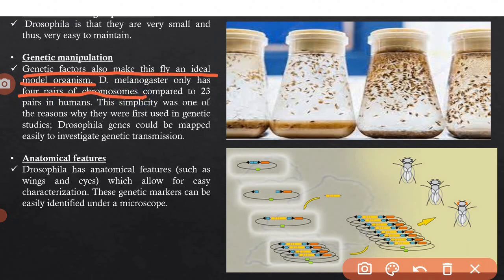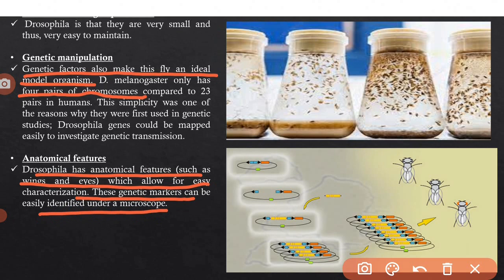Next, the anatomical features. Drosophila has anatomical features, wing and eye, which serve as genetic markers in the field of genetics. This is another important point regarding the model organism.